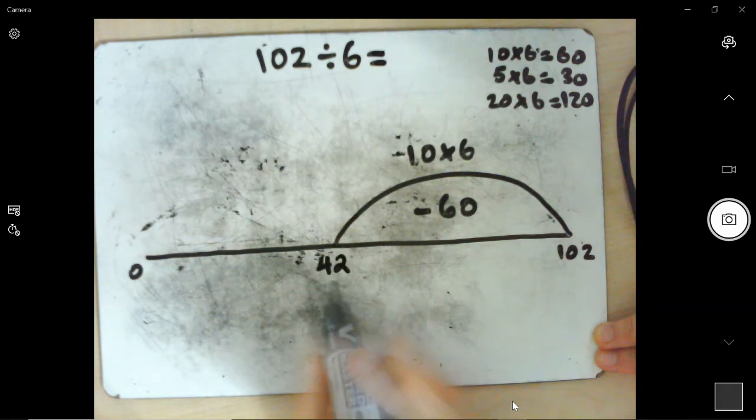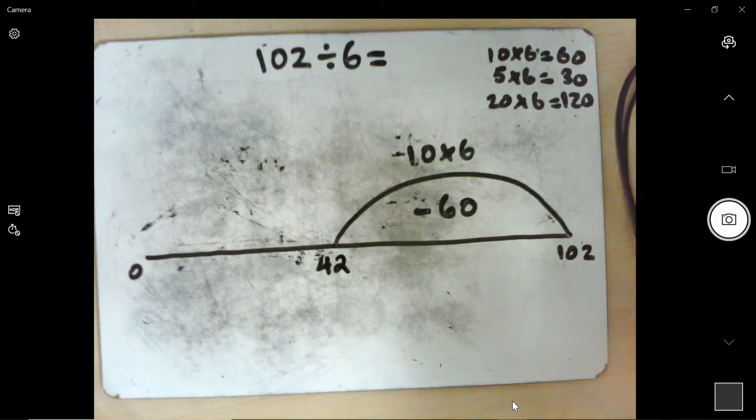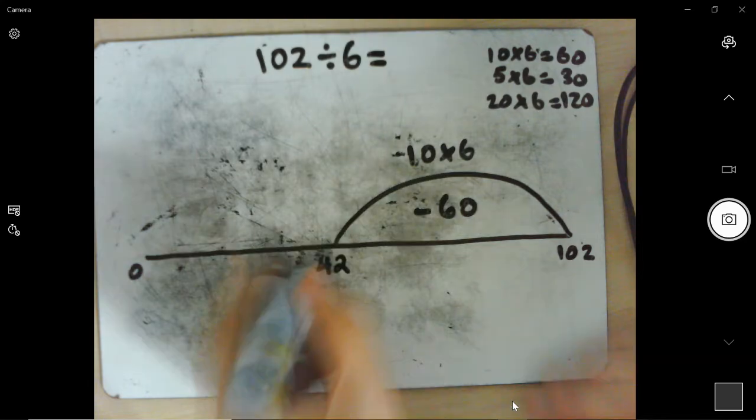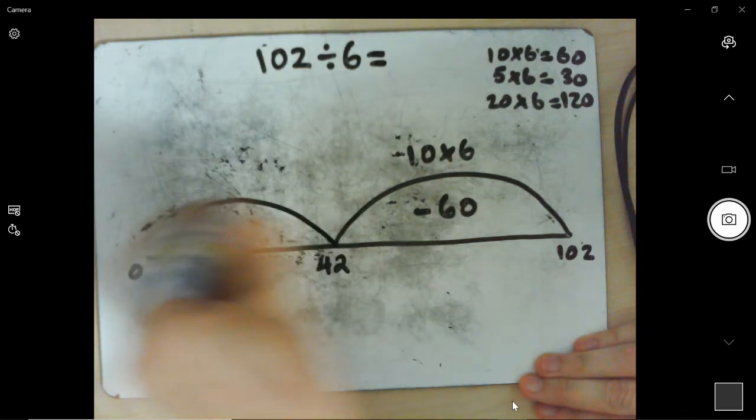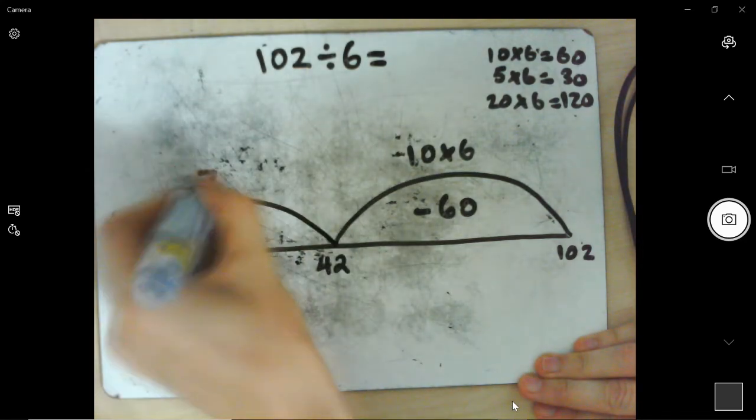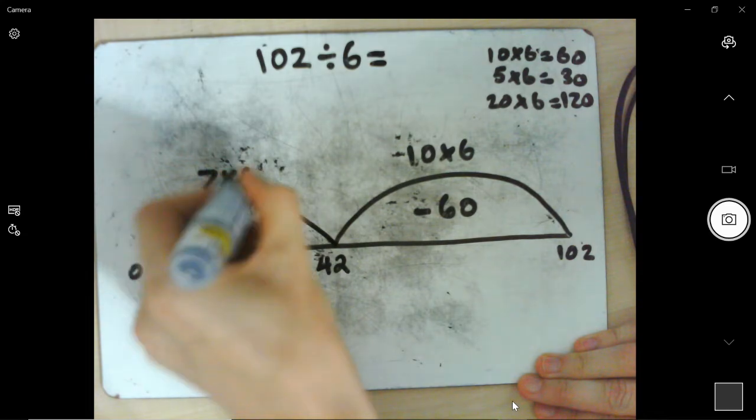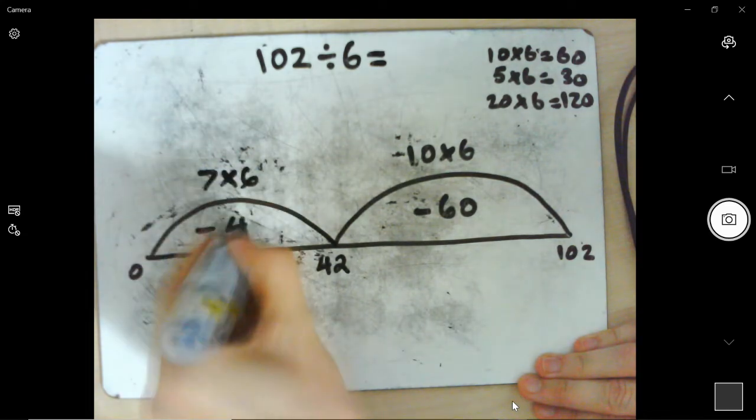And now I need to think, right, it's 42 in the 6 times table. 6, 12, 18, 24, 30, 36, 42. It's the 7th multiple. So what I can do is subtract 7 times 6, which is 42.